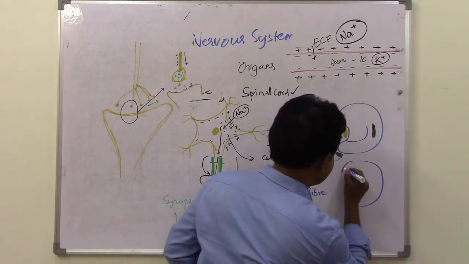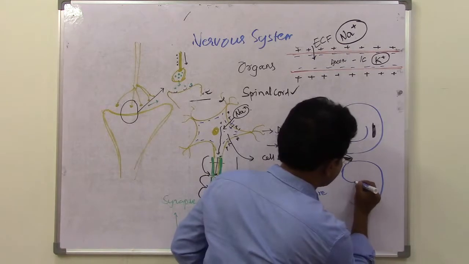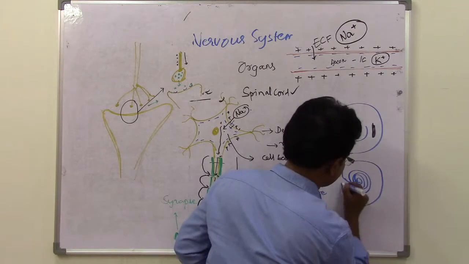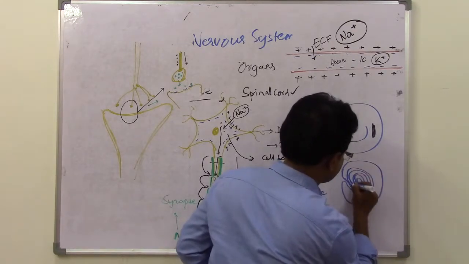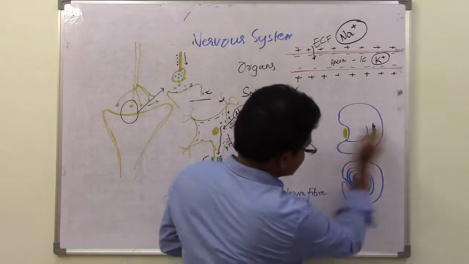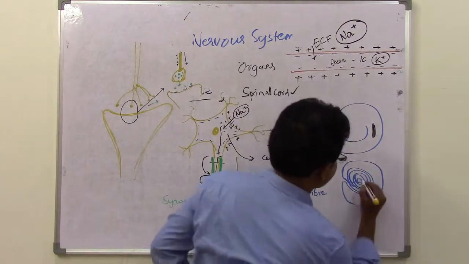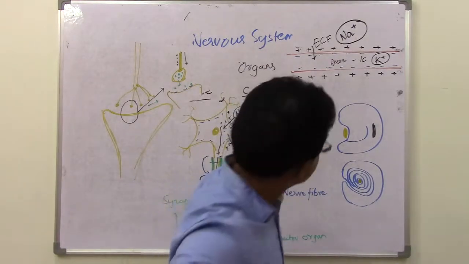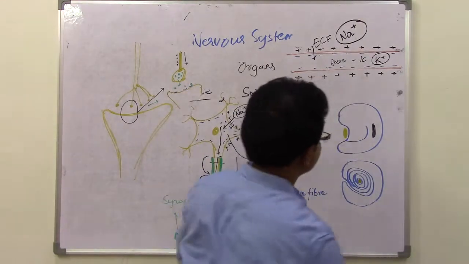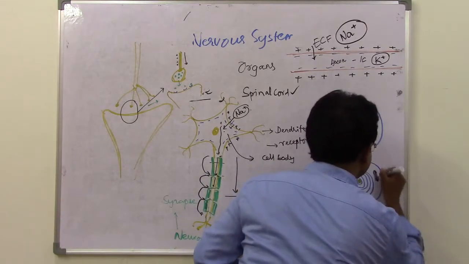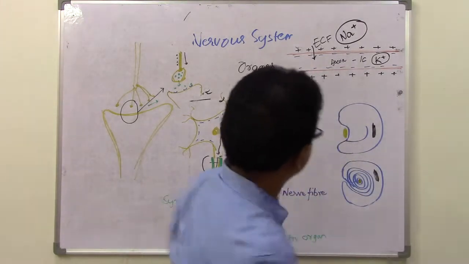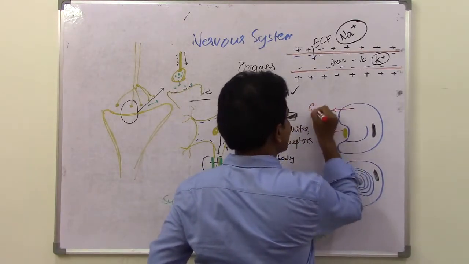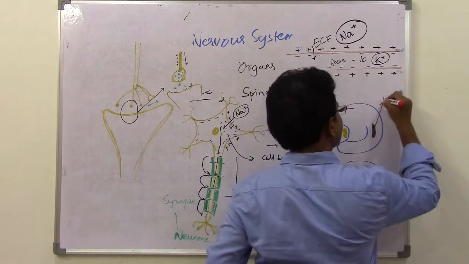The Schwann cell is like this. Now it slowly moved inside, and here we have our axon, and of course here we have our nucleus of the Schwann cell. This is our axon, this is our Schwann cell, and this is the nucleus.